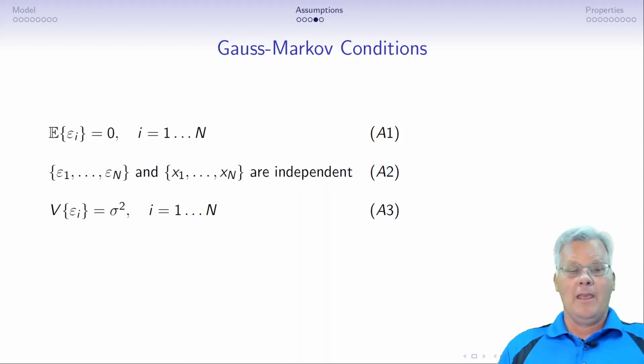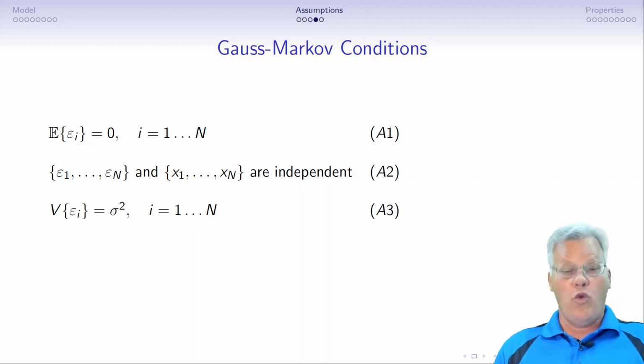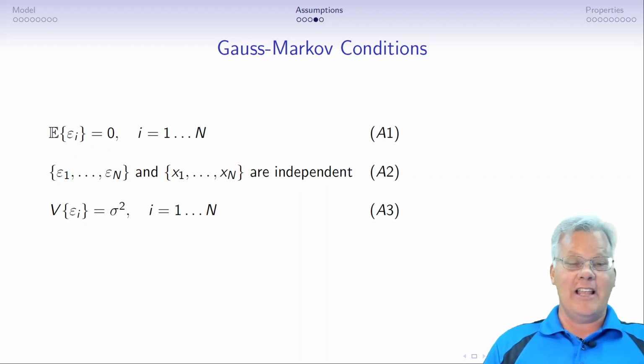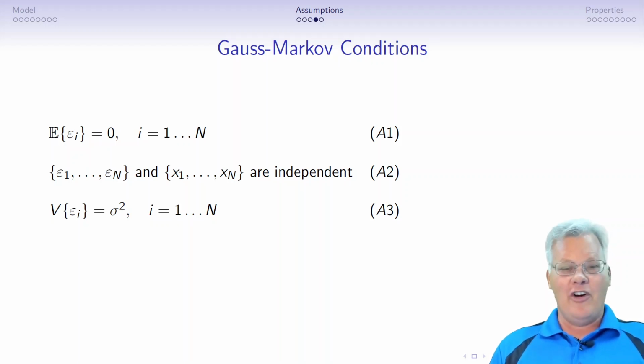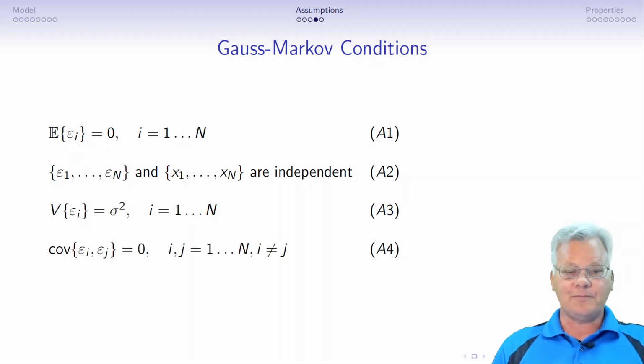Okay. The variance of epsilon i is equal to sigma squared for all observations of the data set. In words, we describe this as homoscedasticity. So the stochastic disturbance term has the same variance for all observations.